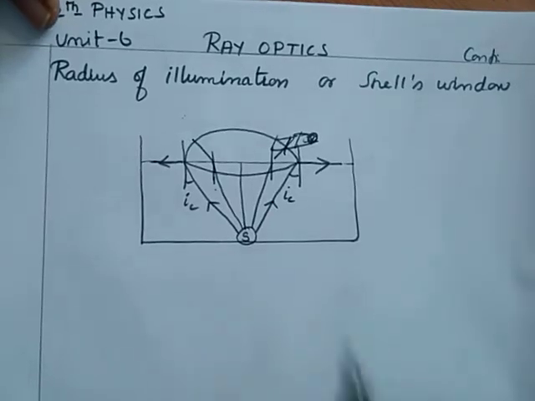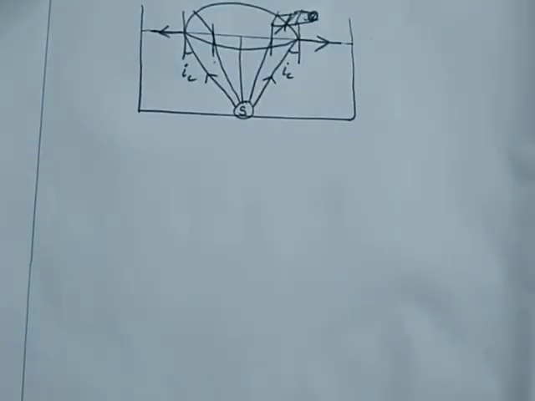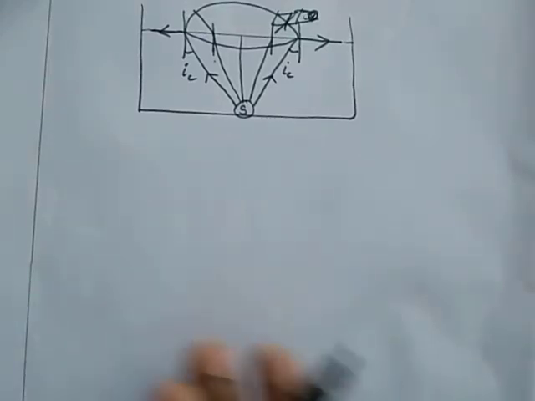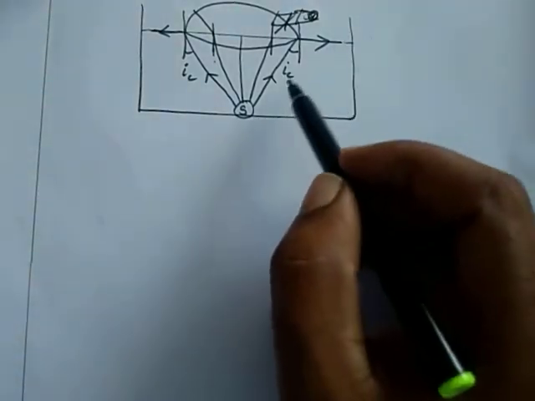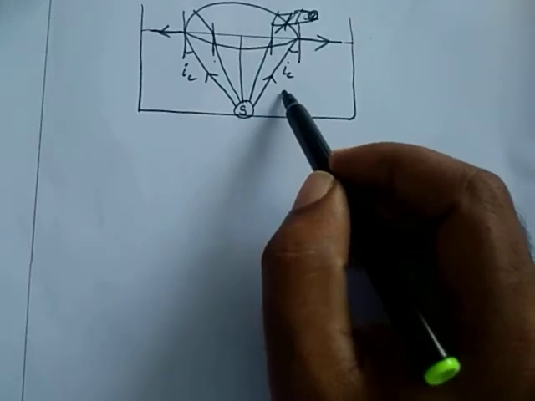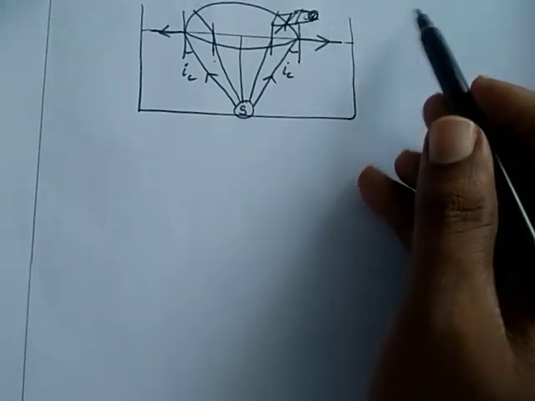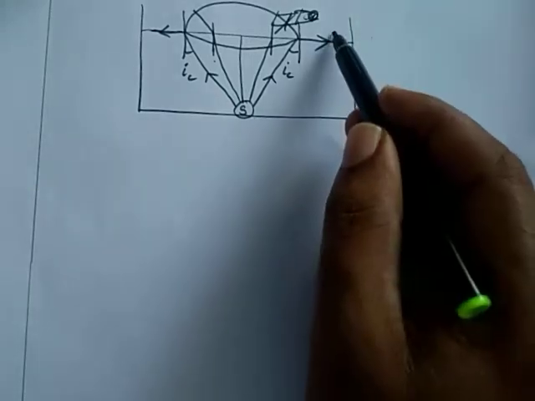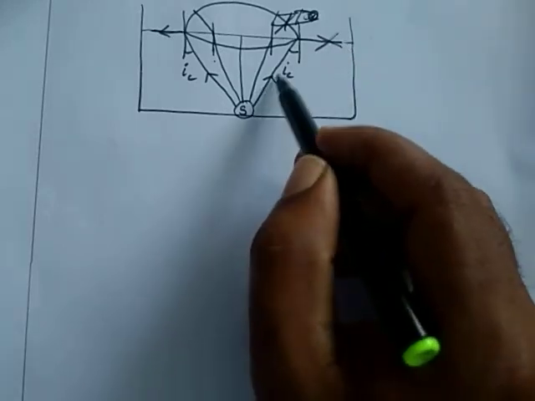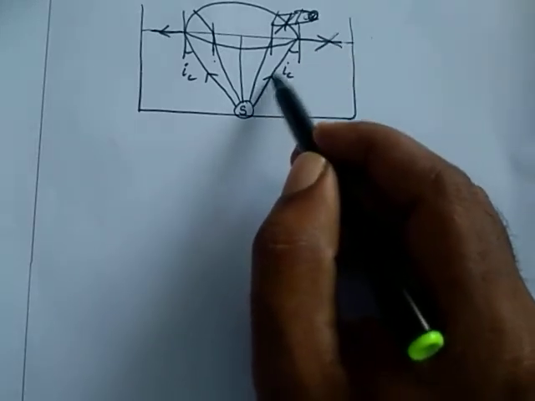Suppose I am applying the principle of reversibility here. In the first case the light travels from denser to rarer medium. Now I am applying the principle of reversibility, changing the direction alone.